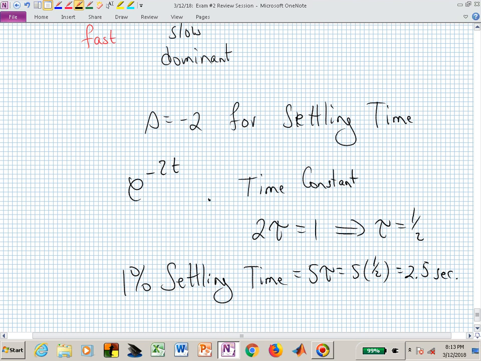Did that help? That's in the S-plane, but it's consistent, better be, with the Z-plane. If you forget, just go Z is equal to e to the st. That tells you a lot. S equals 0, Z equals 1. That's our DC in the Z-plane.